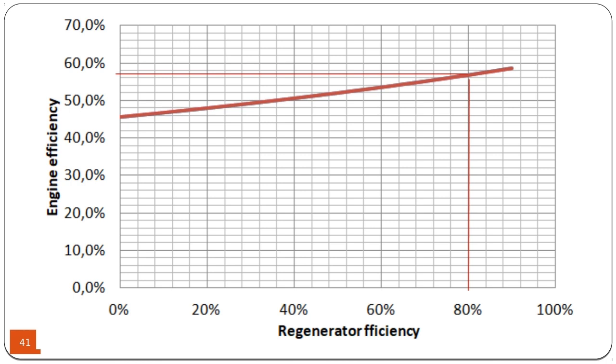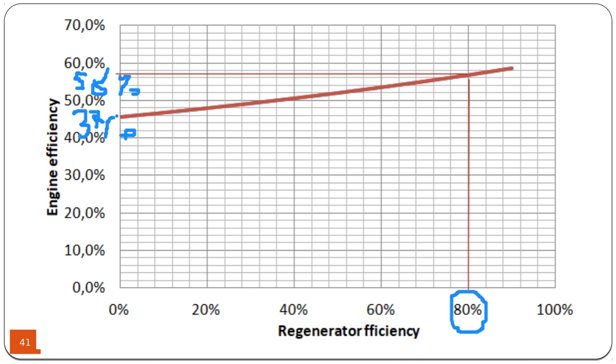And as you can see, when there was no regenerator, the efficiency was 37%. And with a regenerator of 80%, now the efficiency is 58%.